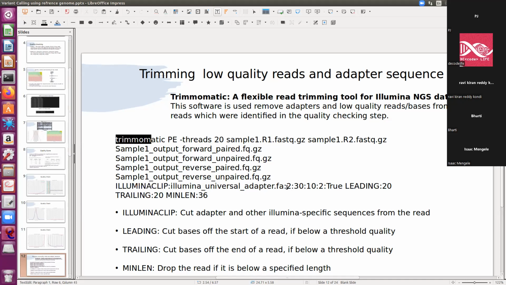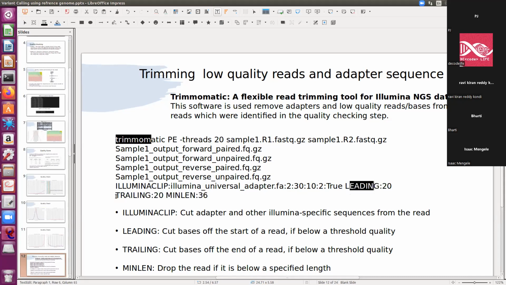These different parameters basically indicate how much stretch of the adapter is to be removed and in what region. Around 10 base pairs of the Illumina adapter contamination were to be cut, so we have mentioned it here. Because the initial part, the leading 20 base pairs, was not good in our reads, we mentioned that leading 20 has to be cut.